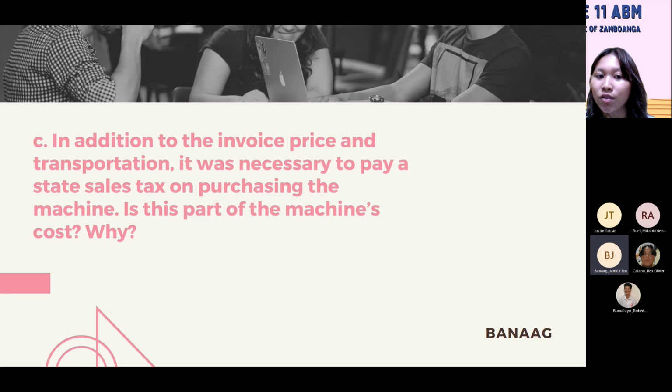Paying for the machine is also paying the state sales tax because the cost of equipment is made up of the taxes that the business paid, transportation fees, historical cost, and other expenses that the business made in the creation of machines. That's why state sales tax is part not only of the machine's cost, but also of every other piece of equipment.